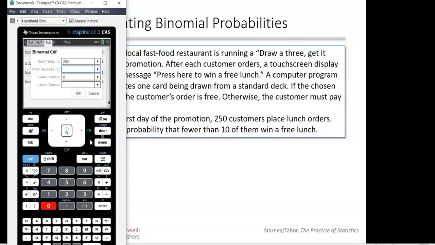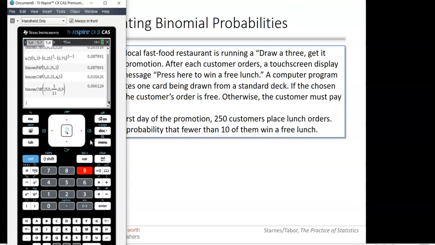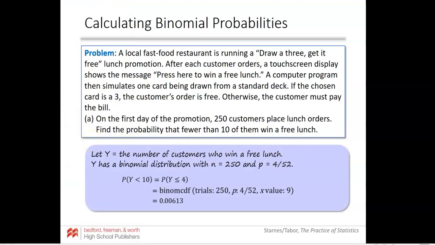Probability of success is 1 out of 13, I believe. 1 divided by 13, I hope that'll work. Lower bound, fewer than 10 free lunch. So 0 is the lowest. Fewer than 10 would be 9 is the highest, I think. So I think the answer should be 0.006129. Let's see what they get.